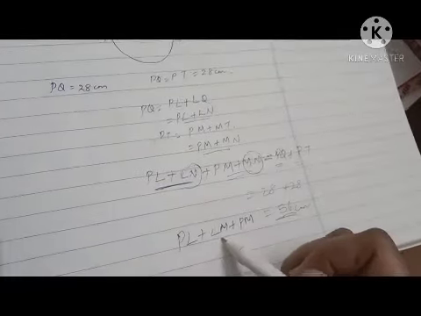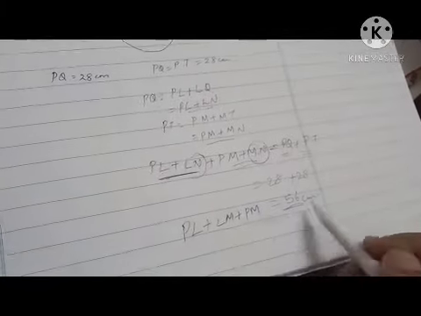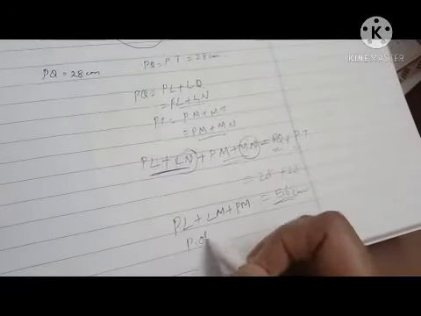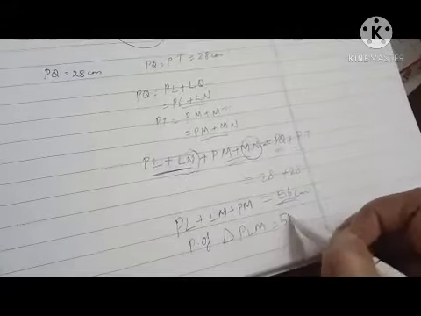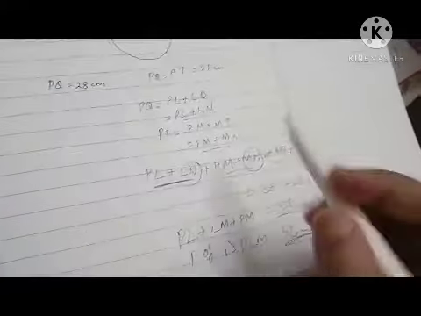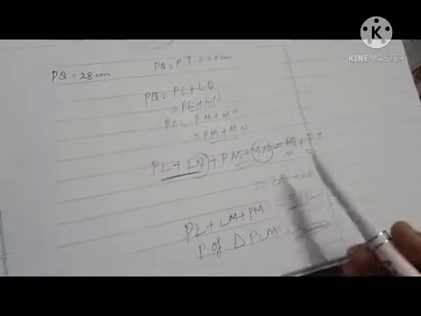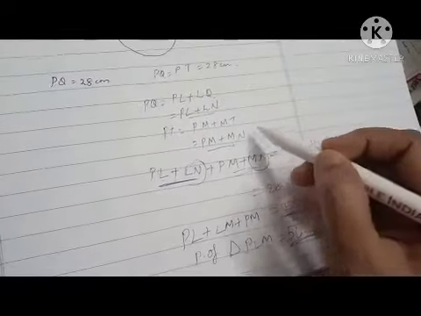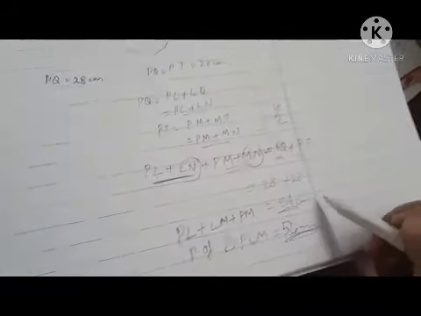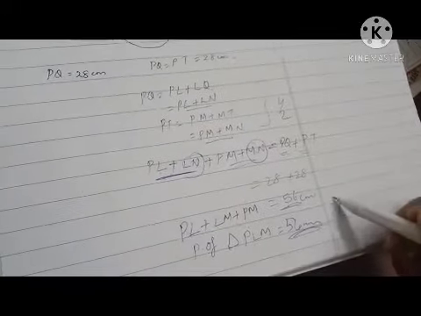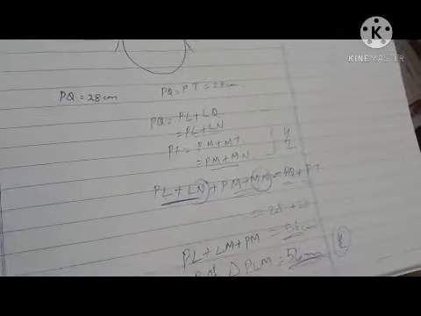So PL plus LM plus PM equal 56. Means perimeter of triangle PLM equal 56 centimeter. So here no need to write all these steps. Here we have to get this step. These two steps together, half mark we will get. Then the last answer will get half mark. But all others you should identify.